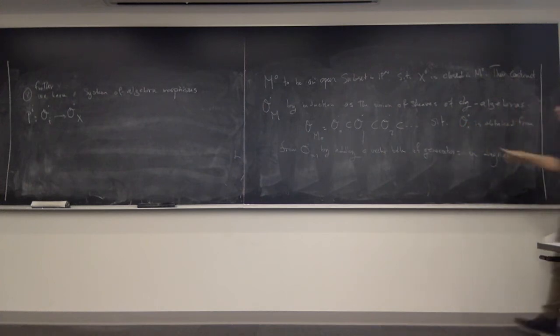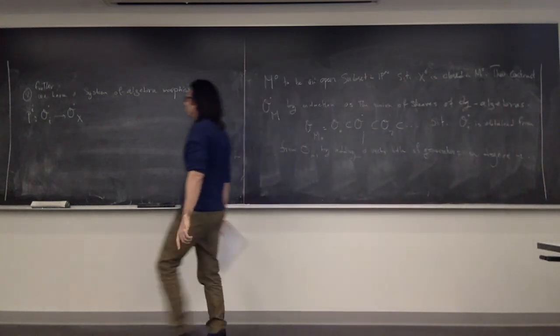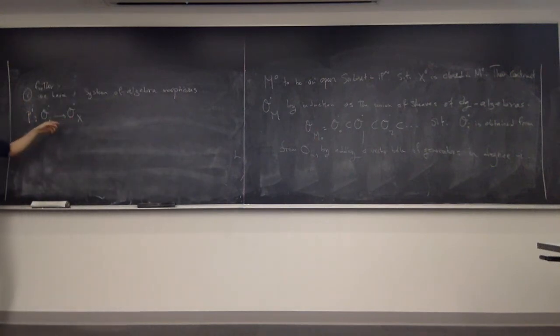So you're constructing your DG manifold, and now you need to show that the structure algebra of the ambient DG manifold surjects onto the one for X.